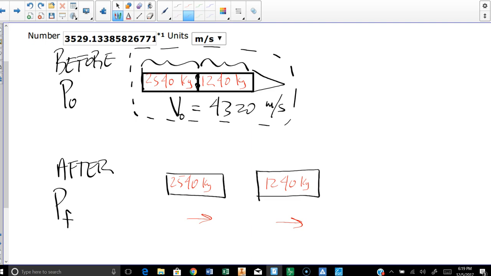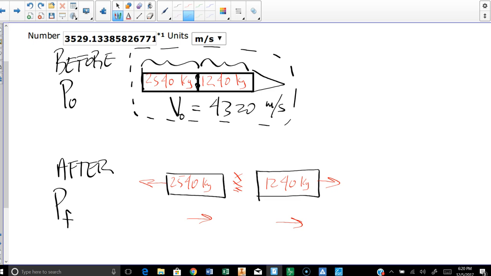But they did have the same velocity, so when the explosion occurs between them, and a force is applied to this one in this direction, and the identical force is applied here, which one speeds up, which one slows down, compared to the original?